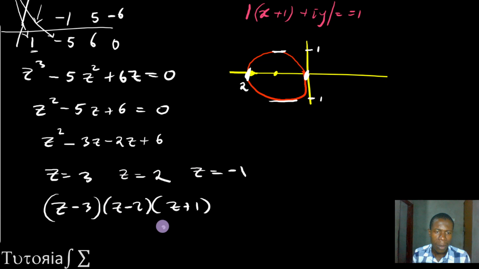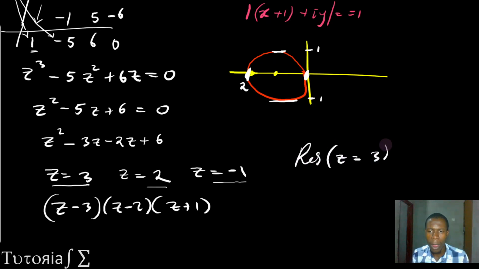So we see that z equals 2 and z equals 3 will be outside the circle. So we just need to find the residues.